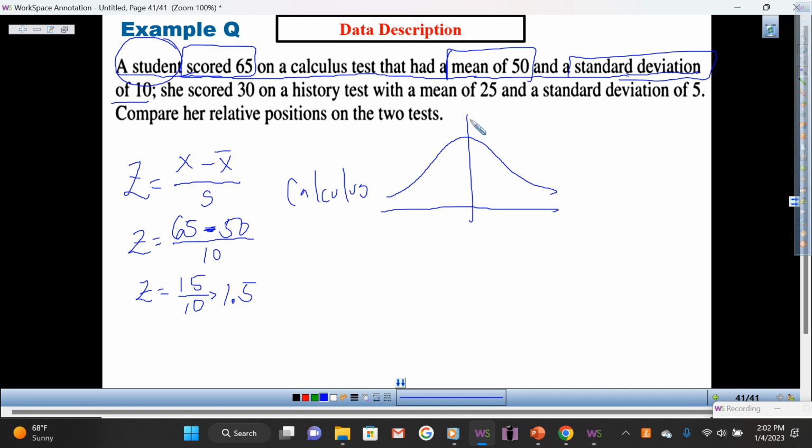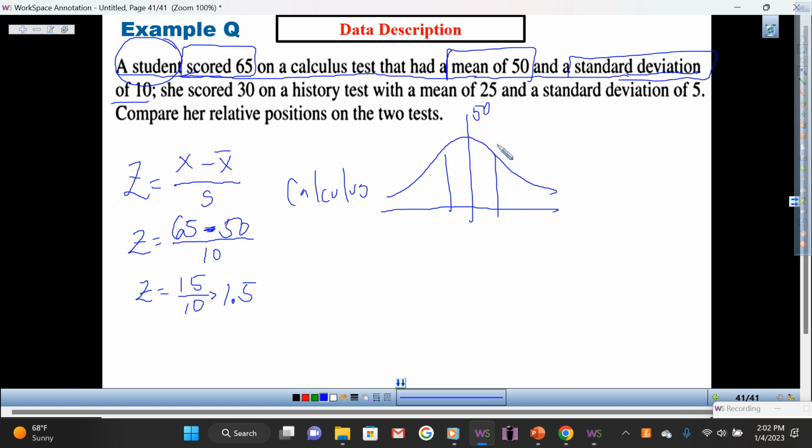Tell your neighbor what goes here. Everyone? 50, yes. What goes here? What is standard deviation? 10.